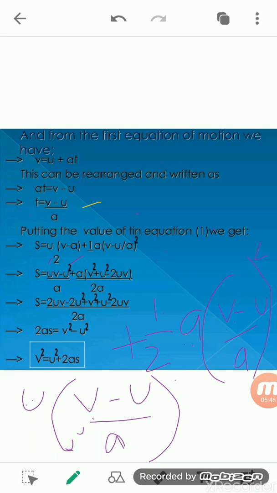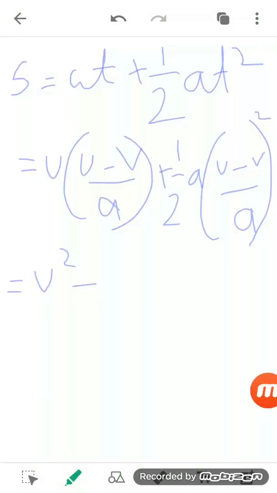We know that a minus b the whole square equals v square plus u square minus 2uv, upon 2a square. Now when you open everything, you will get 2uv minus 2u square plus v square plus u square minus 2uv upon 2a. We can understand it like that. See here, s is equal to ut.